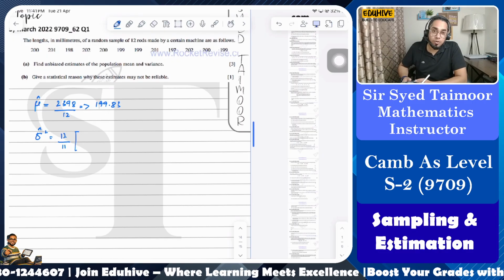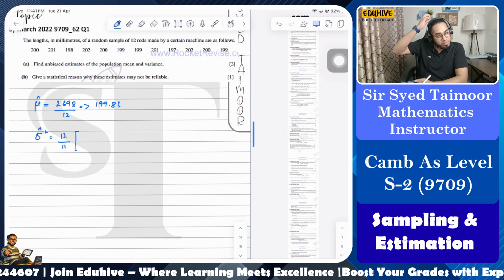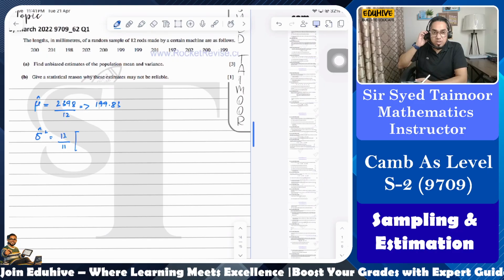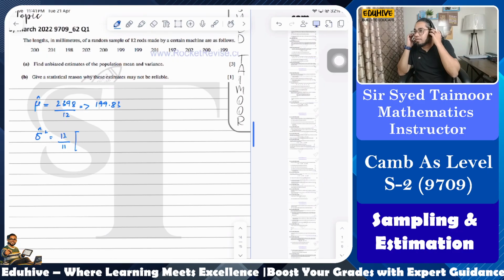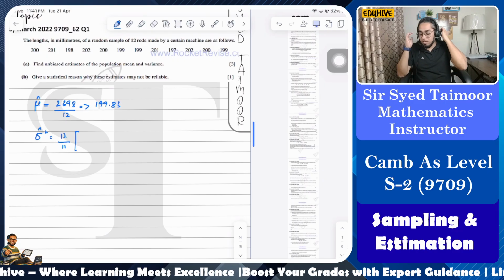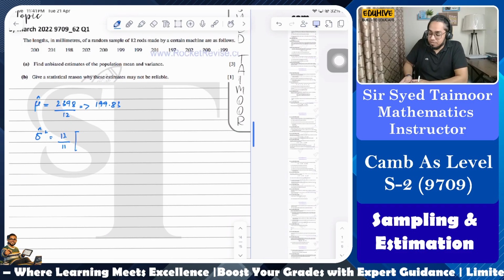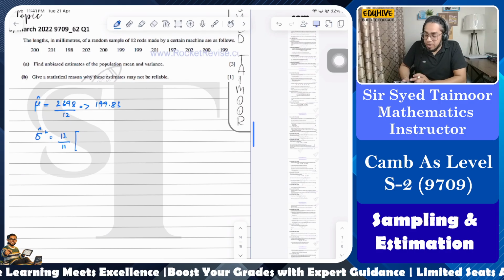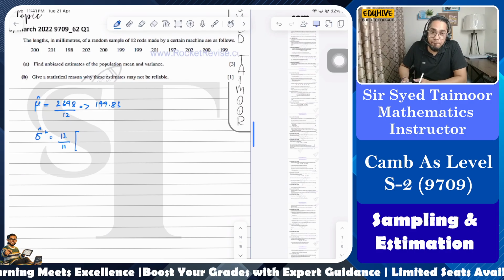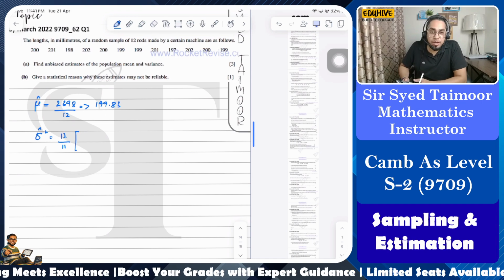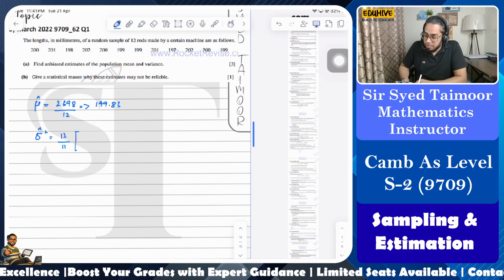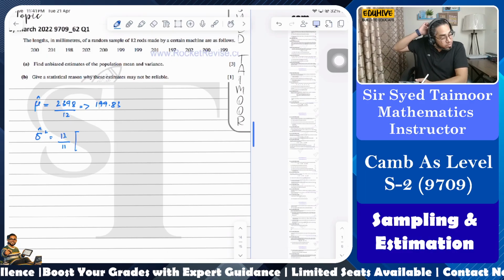Press the mod button. What are you seeing on your screen? Yeah, press 3. Now what are you seeing?